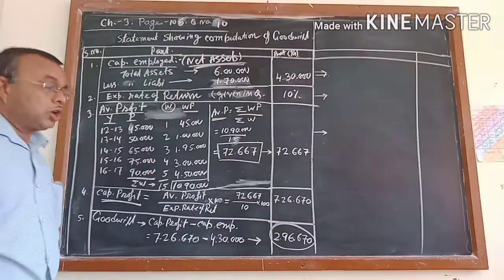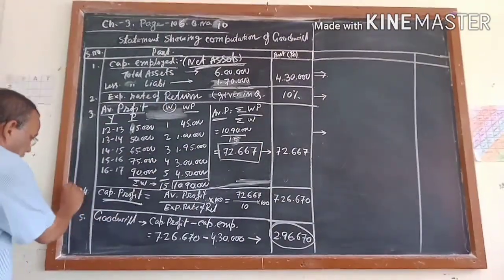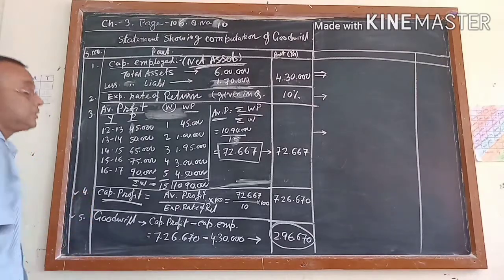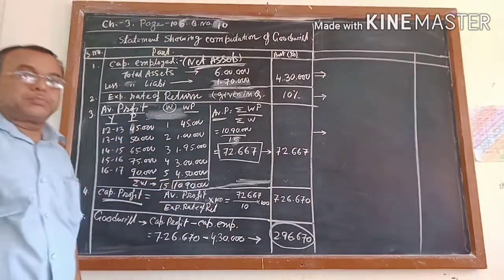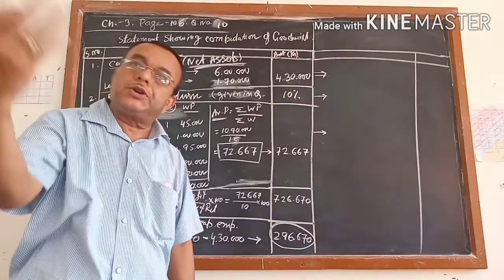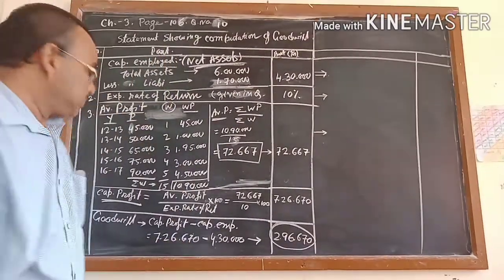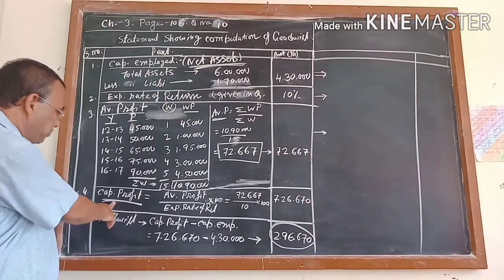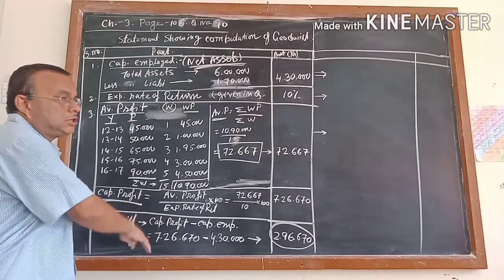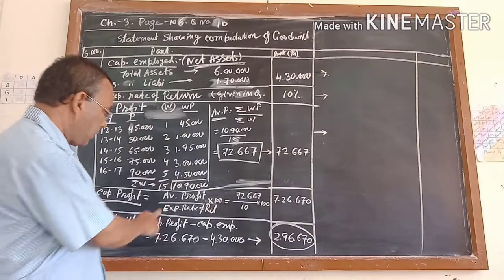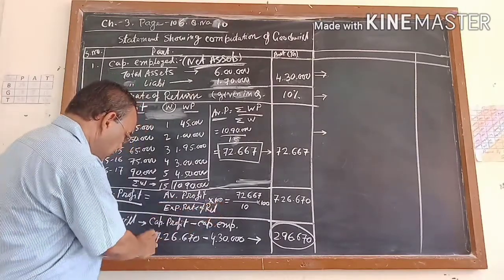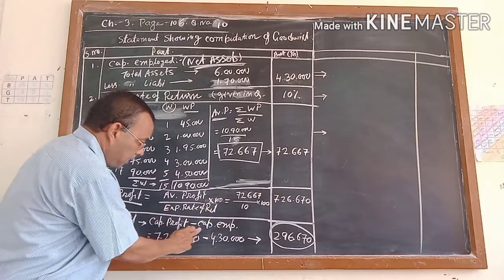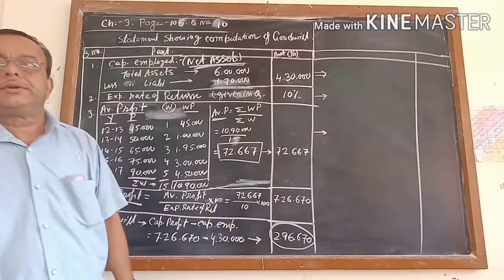In this fourth method, you only have to remember the step 4 and step 5 formulas. The first, second and third steps are common in almost all these methods. Here, capitalized profit and goodwill, these two step formulas you have to remember: average profit by expected rate of return into 100, and capitalized profit minus capital employed.